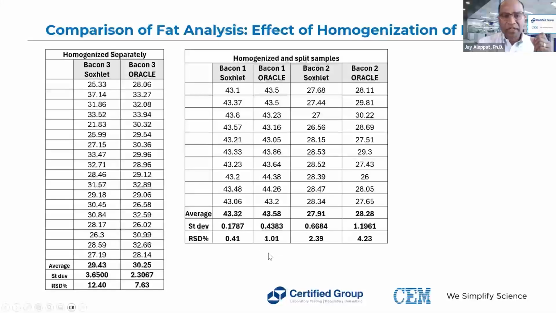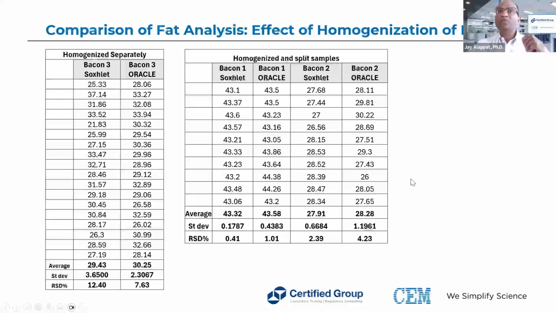This study demonstrates exactly that. On the left side, you see homogenized separately. What that means is we have the sample sent to a lab which did the Mojonnier and Soxhlet, and another lab, in another location, doing the NMR. That was one case. The other case is where we homogenize in one location and split aliquots between the labs.